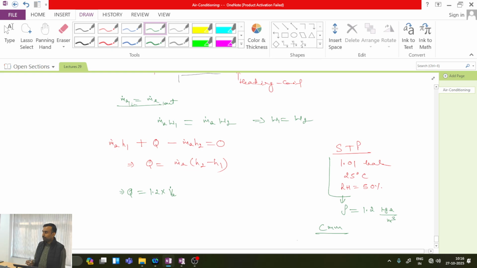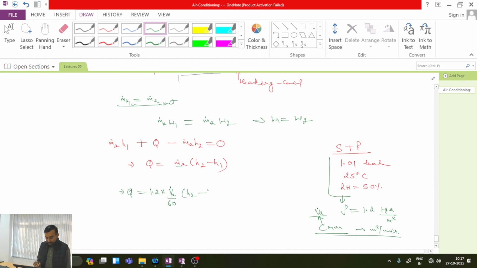Cubic meter per minute, meter cube per minute. So if V dot A is the capacity of the device in cubic meter per minute, here m dot A is in kg per second. So to convert V dot A from cubic meter per minute to cubic meter per second, I need to divide by 60. Is this one clear?